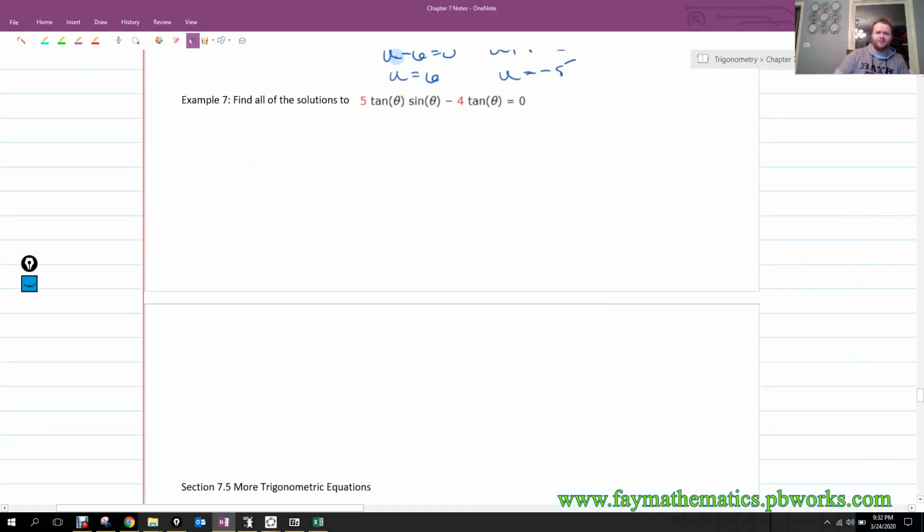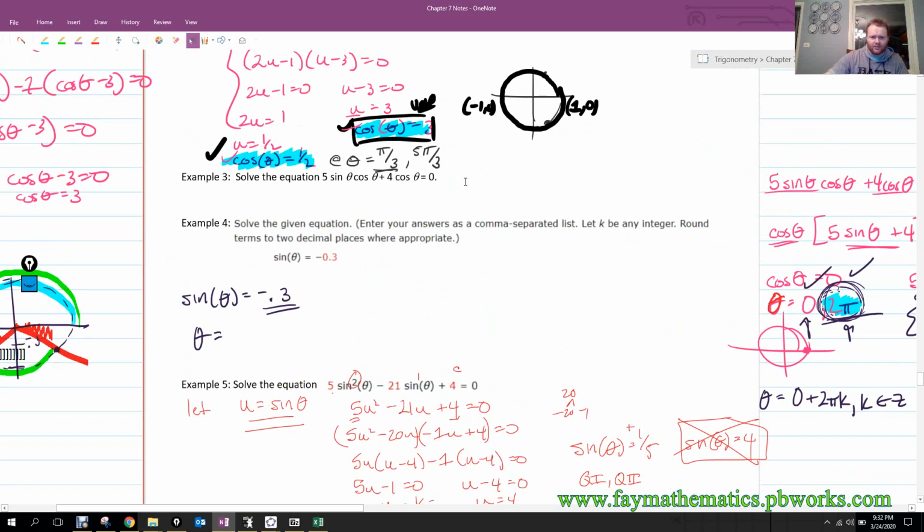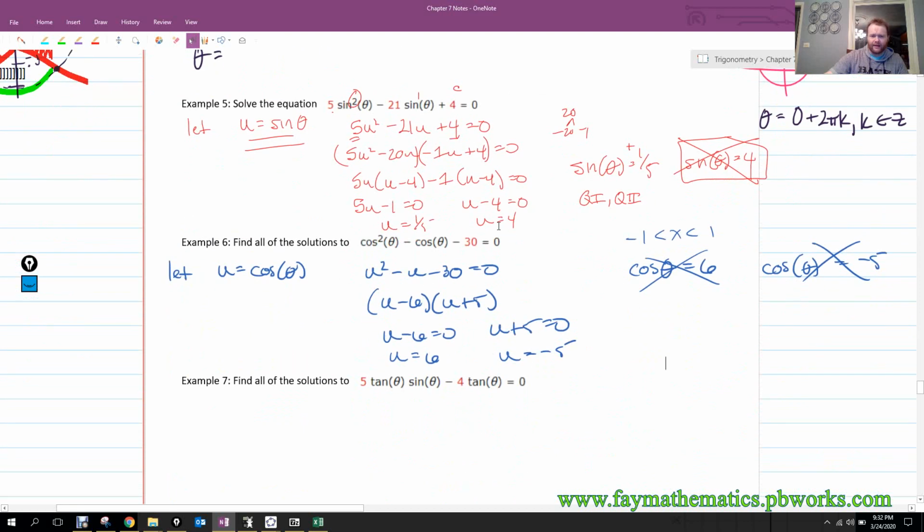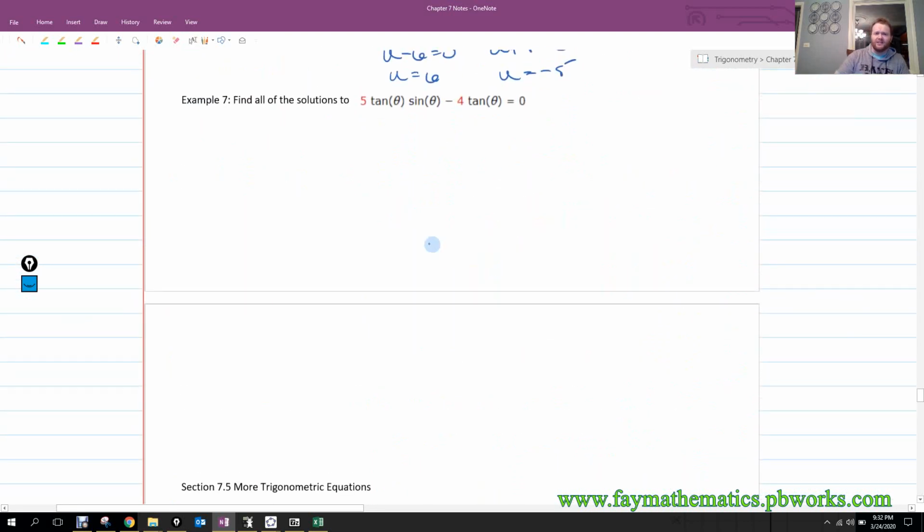All right, so this example is like example number 3, where we had a like term, a GCF. If we look at both these, they have a tangent, and so I'll take that tangent out. So I'll have tangent of theta times 5 sine of theta minus 4 equal to 0.